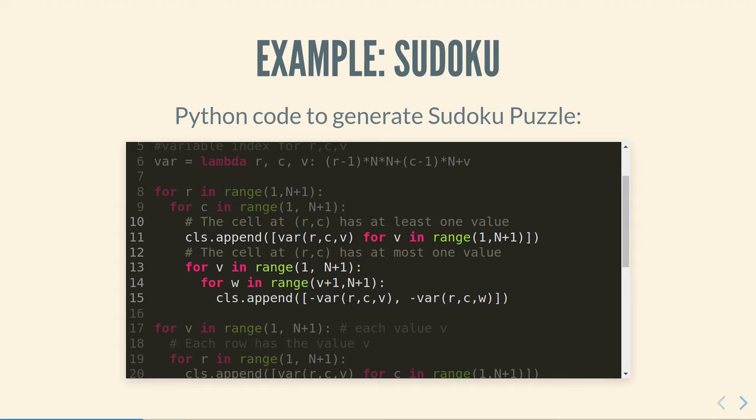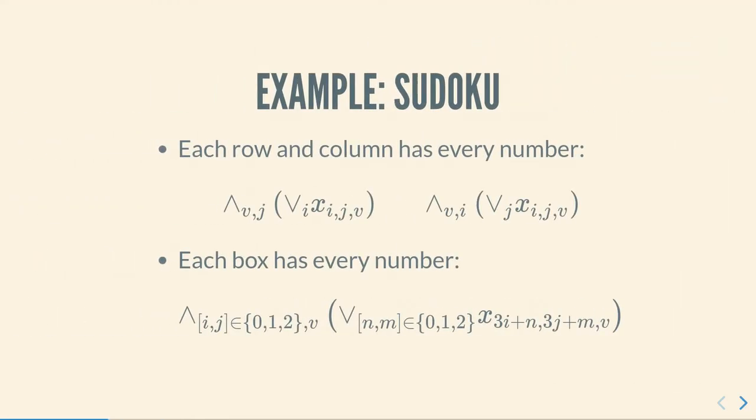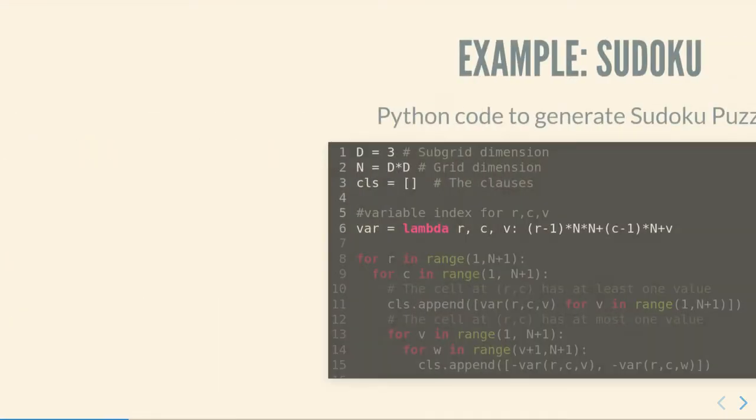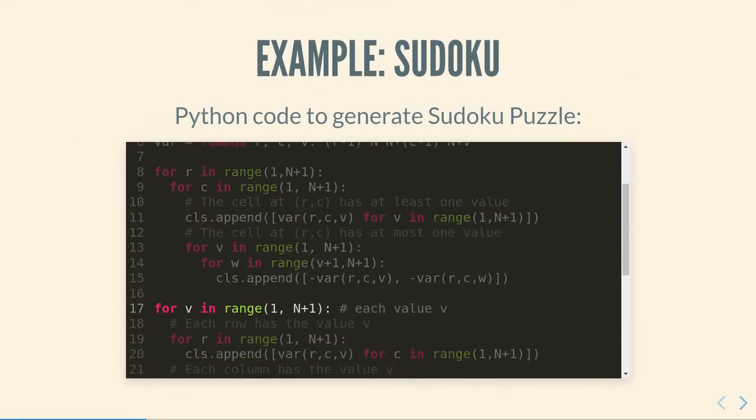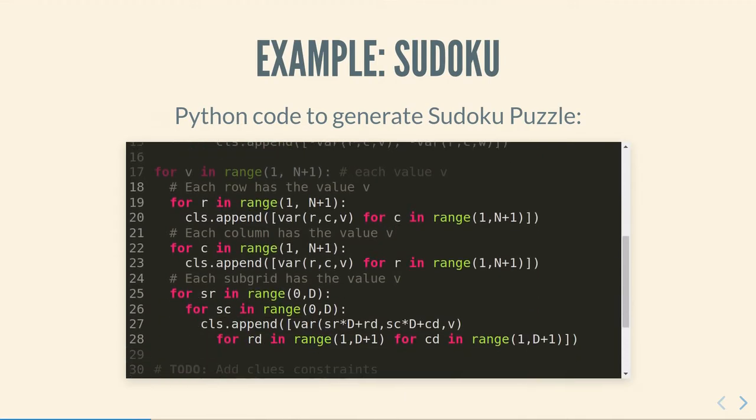And so that is the sum total of the first two constraints of the Sudoku puzzle. And now we need to encode the second two constraints. That is the constraint that every row and column has to have one of every number, and each box has one of every number. So let's do this. For each value V in range 1 to 9, we have the constraints.